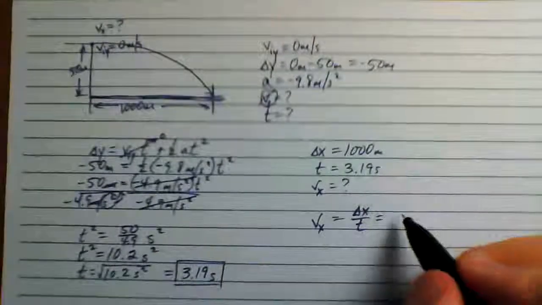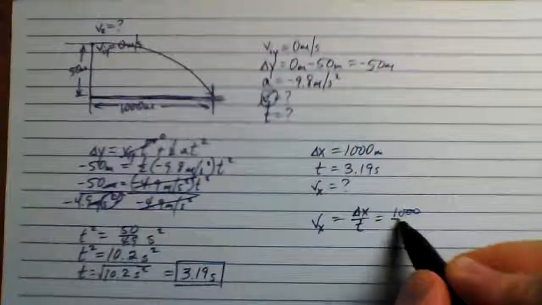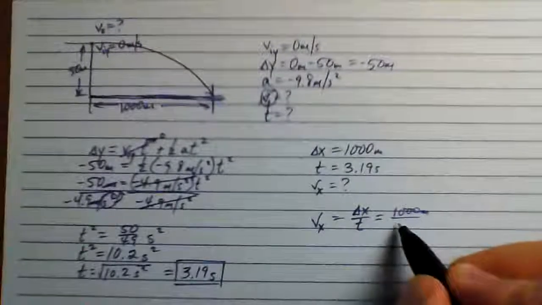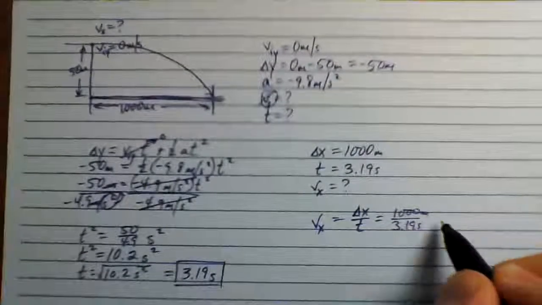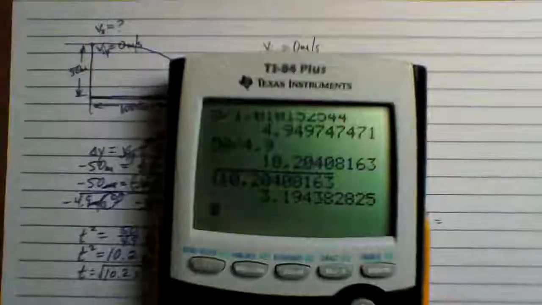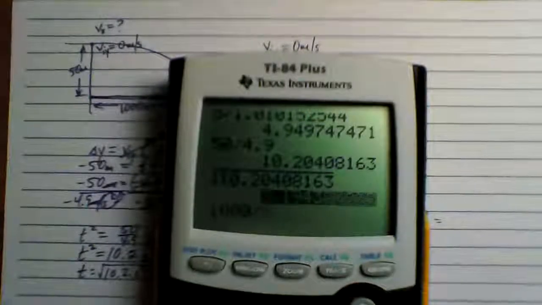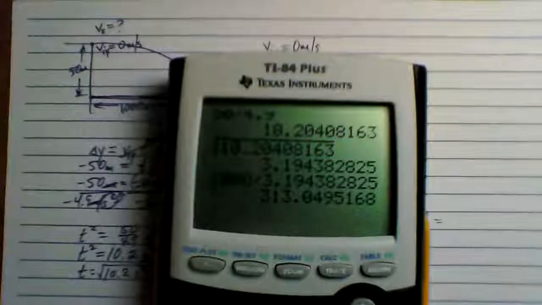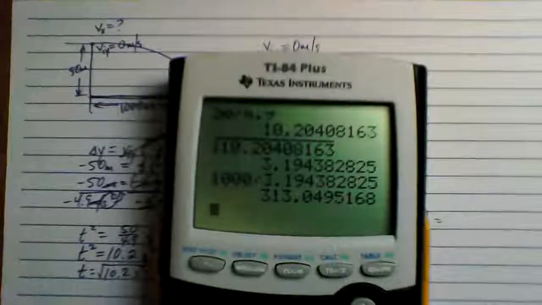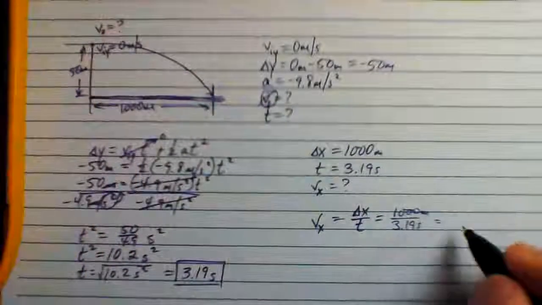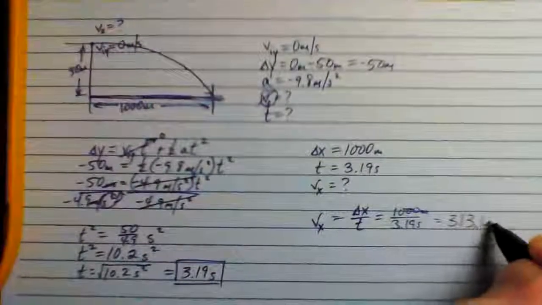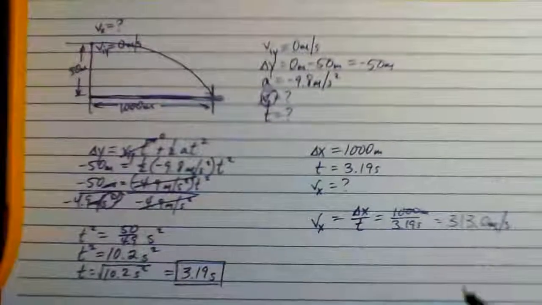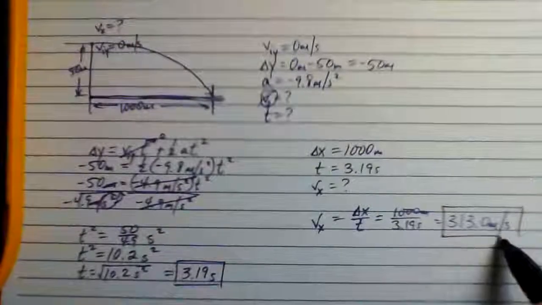Go ahead and plug everything in. 1,000 divided by, don't forget your units, 3.19 seconds. And that gives me 313.0 meters per second was the initial velocity.